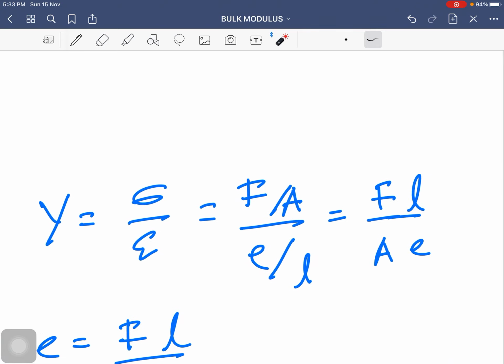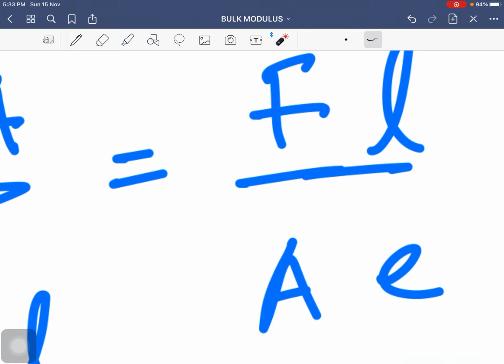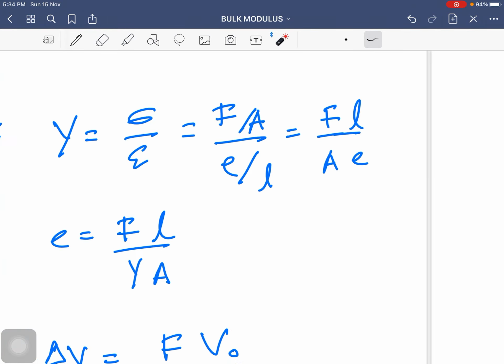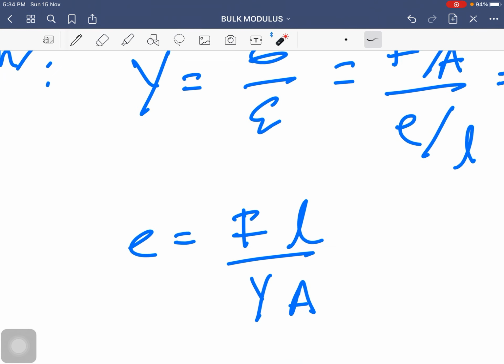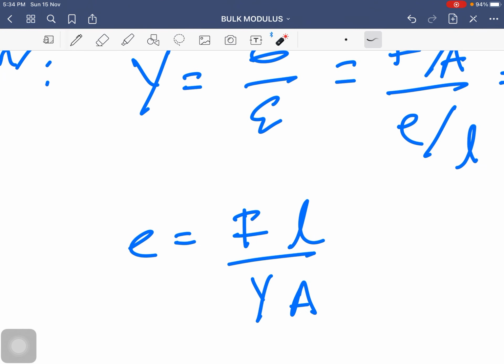Rearranging this equation, making the elongation the subject, we get e equals FL over AY, where F is the force, L is the original length, Y is the Young modulus, and A is the cross sectional area.